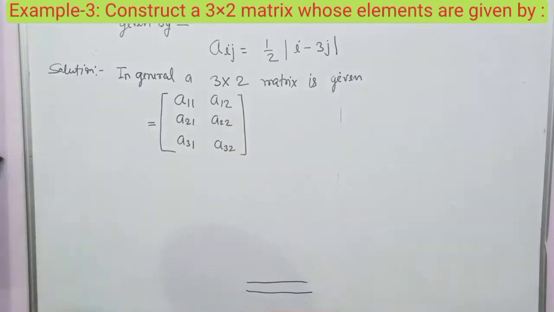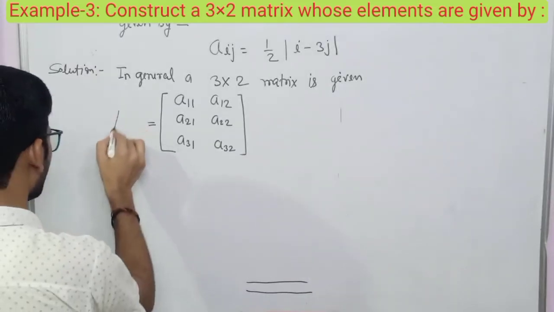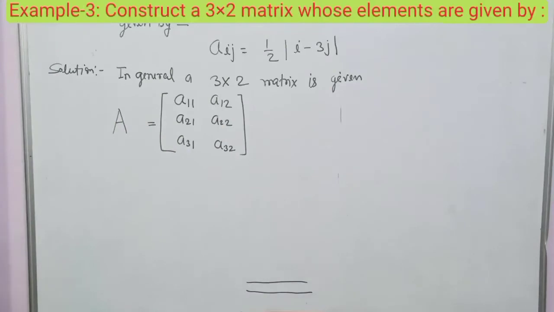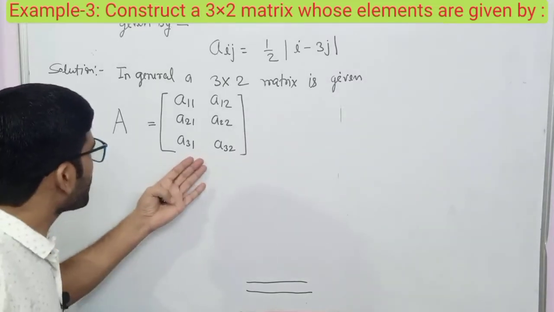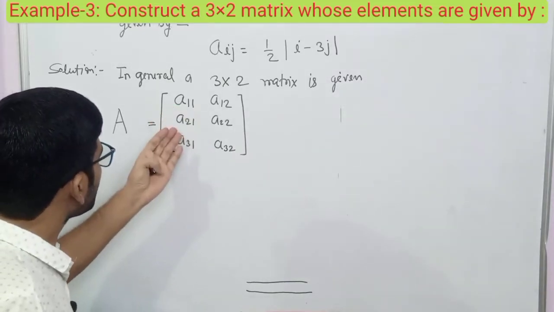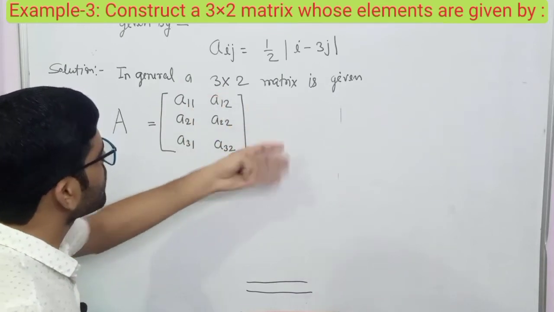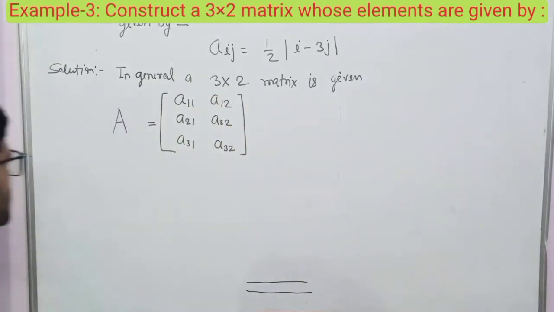Okay, this is the general form, and here we write capital A because the representation of a matrix is denoted by capital alphabets. Now we find the value of all 6 entries, and then we write the matrix of order 3 cross 2.